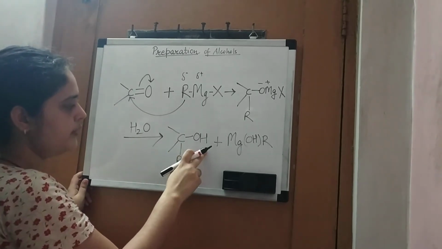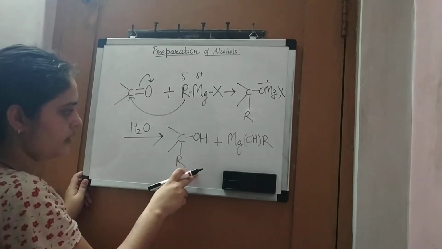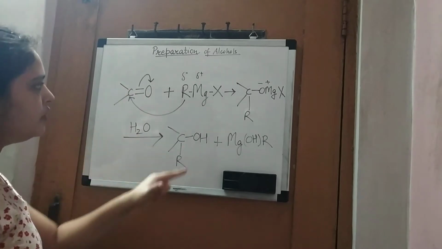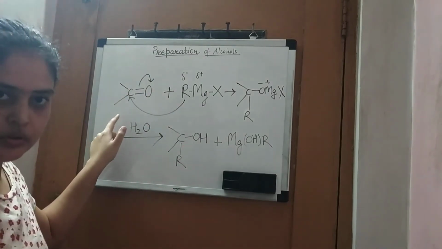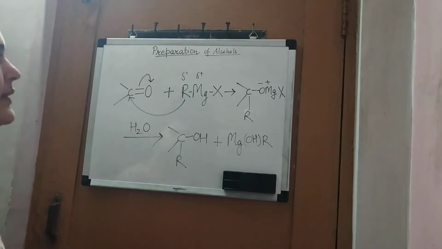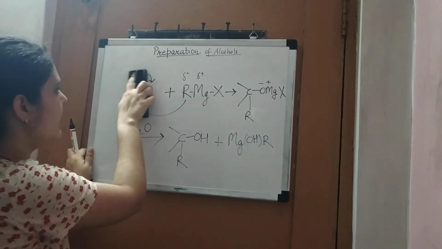This is the OH group attached to the carbon atom of this compound. So alcohol is formed. This is the whole procedure for the formation of alcohol from the Grignard reagent and the aldehyde or ketone, right? Now we'll see some examples of how we prepare alcohol.